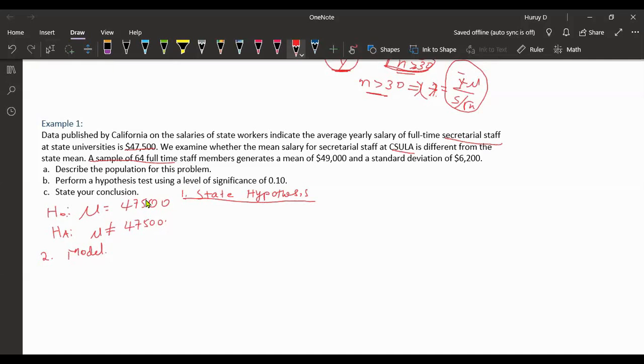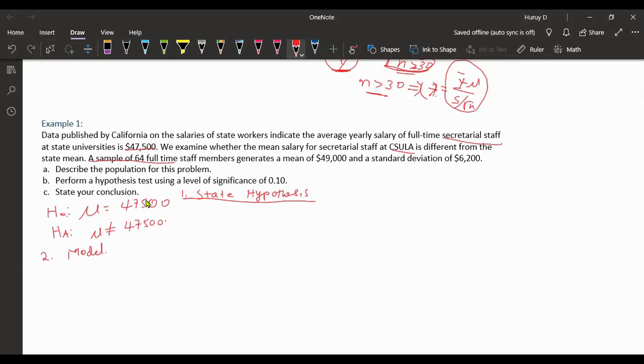And another thing is the number n is greater than 30, greater than 40. So even if it's skewed, unless it's too much skewed, it's okay because the sample is big, somewhat bigger than 40. Therefore, we will assume all the conditions are satisfied.